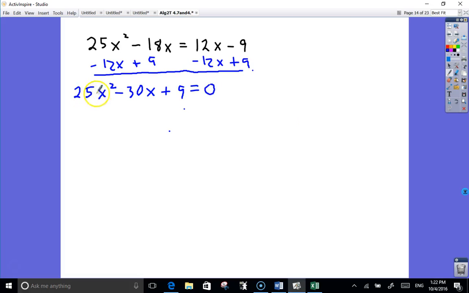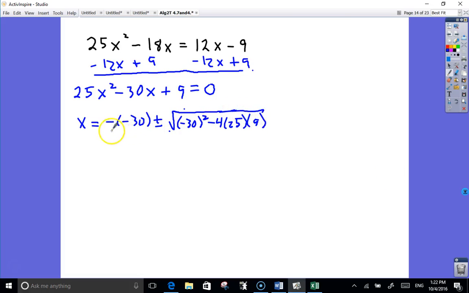So A is 25, B is -30, C is 9. Agreed? So let's plug in the quadratic formula. X equals negative 30 plus or minus the square root of -30 squared minus 4 times 25 times 9, divided by 2 times 25.